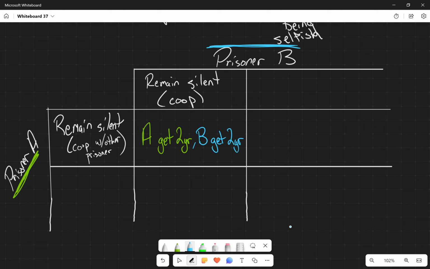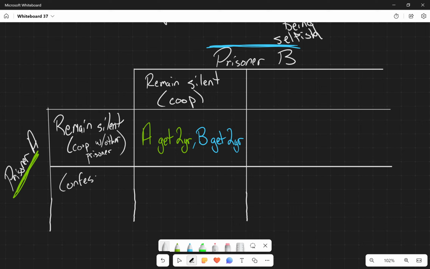So again, the outcome for prisoner A has to do not just with what prisoner A decided to do, remain silent, but with what prisoner B decided to do, also to remain silent, in what we would call a payoff square. So this particular payoff has to do with prisoner B remaining silent and prisoner A remaining silent. The other option that they have is that they can confess.